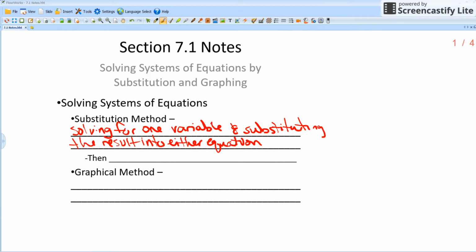By doing this, it's going to allow me to solve for one of the variables in a way that it gives me some value instead of some expression. Once I have that value, I'm able to then substitute that value into either equation to solve for the missing variable.